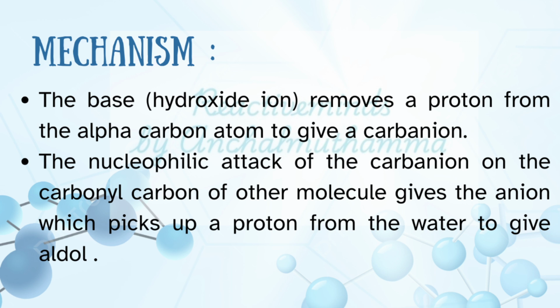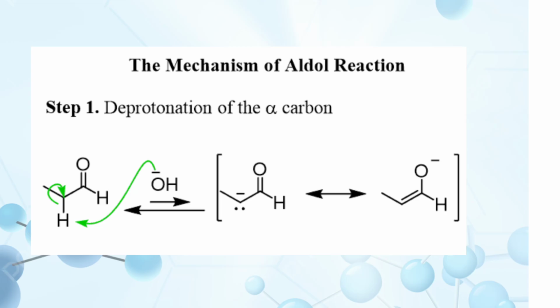The mechanism of aldol condensation can be mainly divided into two main steps. The first step is the deprotonation of the alpha carbon, and the second step is the aldol addition along with protonation. So coming to the first step, that is the deprotonation of the alpha carbon.